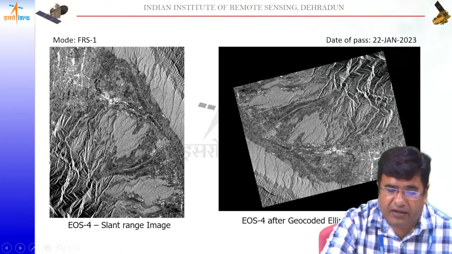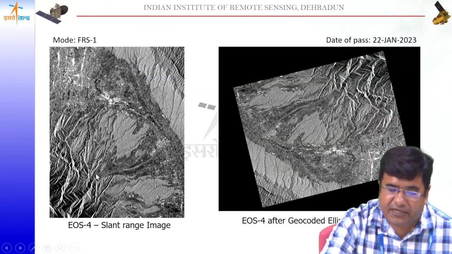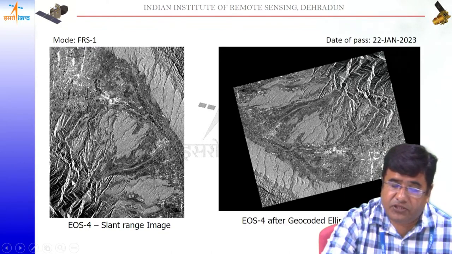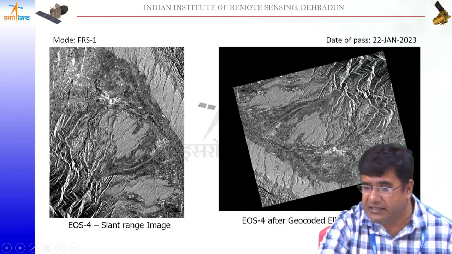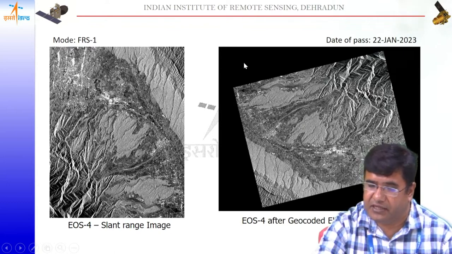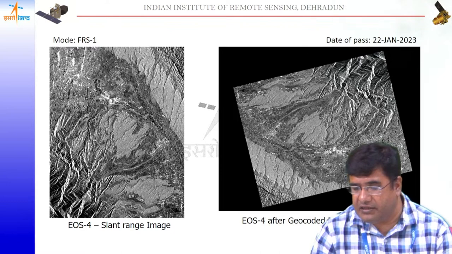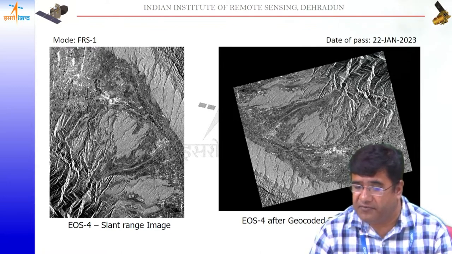So if this is the image, then we can apply the geocoded ellipsoid correction for mapping of this i and j. You can see by doing the geocoded ellipsoid correction, the image is rotated. Now this image is in the geographical plane. It is rotated because our orbit is not a polar orbit, it is a sun synchronous orbit, so it is somewhat inclined.